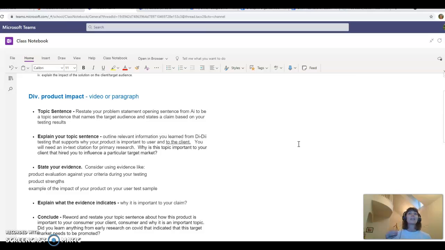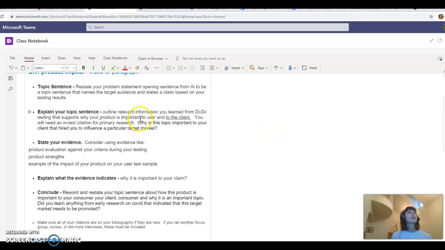So if you're citing information about a survey, or information based on an interview you did with your testing, you'll need to put that here. Why is this topic important to the client that hired you to influence a particular target market? So that's the idea that you will also use to explain that topic sentence.